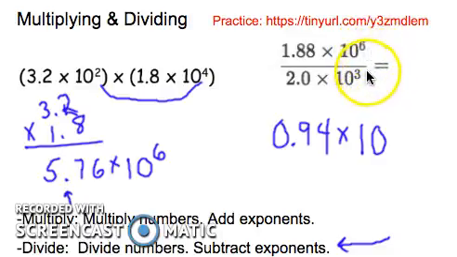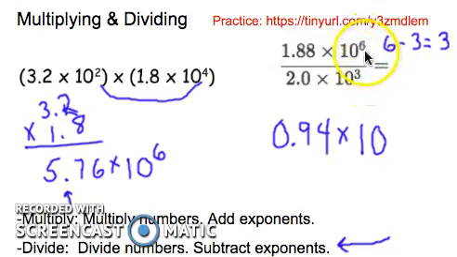My bad, let me say this correctly. You have to start the subtraction with the number at the top of the fraction and end the subtraction with the number that's at the bottom of the fraction. So you typed in 1.88 divided by 2. It's the same thing. 10 to the 6th divided by 10 to the 3rd is going to be the same as 6 minus 3, top minus the bottom.